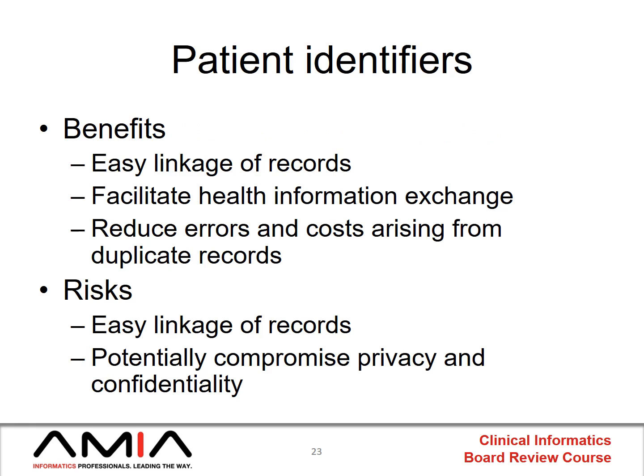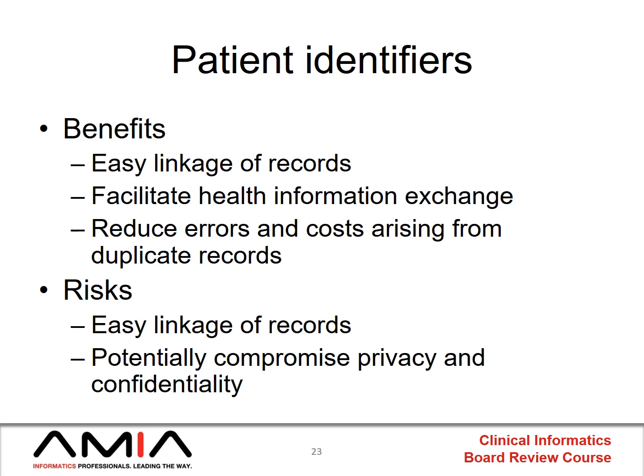There are clearly benefits and risks to identifiers that specify an individual patient. One of the benefits, of course, is the easy linkage of records. So if there's a global standard identifier, we can link together records from different healthcare settings and encounters.